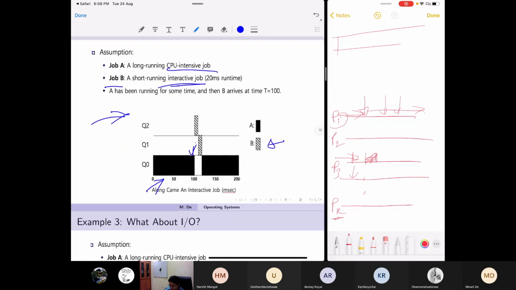At this moment job B came, so that job got the highest priority and it will get a chance. In this slice, maybe if it has completely utilized it, then it was moved down here, and it will finish its job if it is a small job like that.